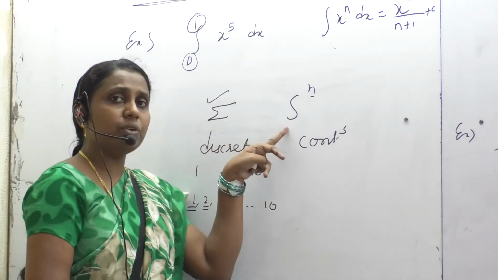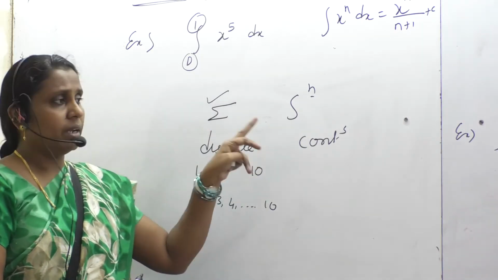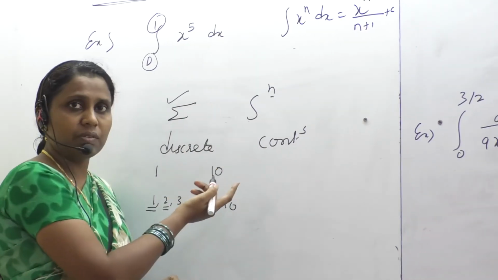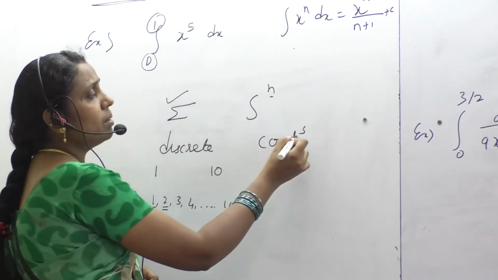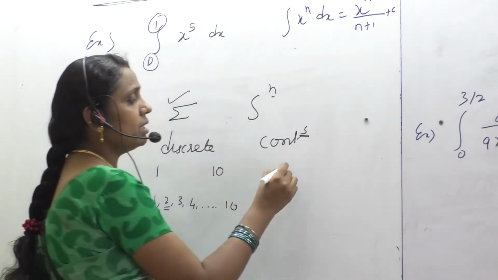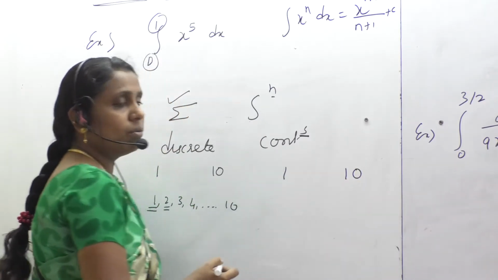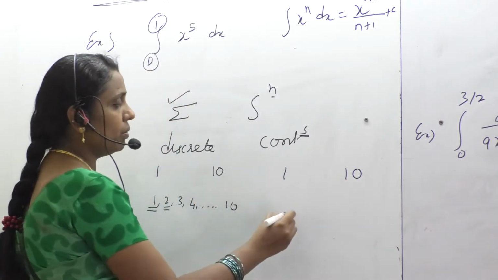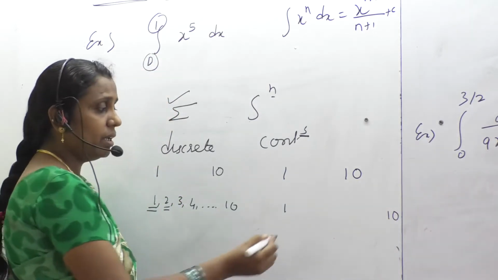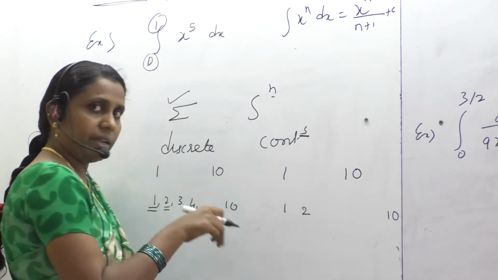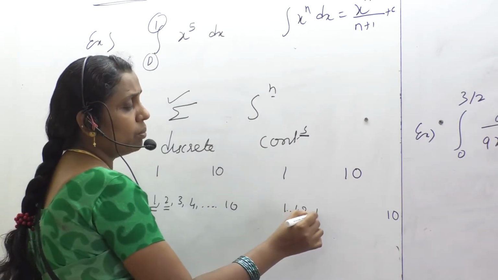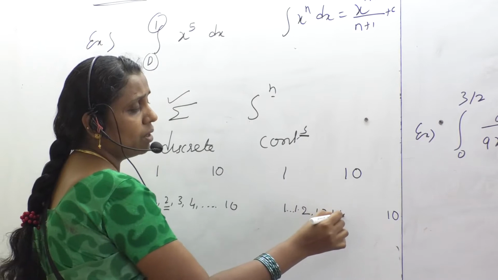And how are you going to distinguish integration from summation? This is also one of the operators, and it is applied to continuous functions. Continuous function means if I say 1 to 10, a closed interval 1 to 10, what all the points you will find in between. It need not be 2 directly; it can be 1.2, 1.3, 1.4, and so on.